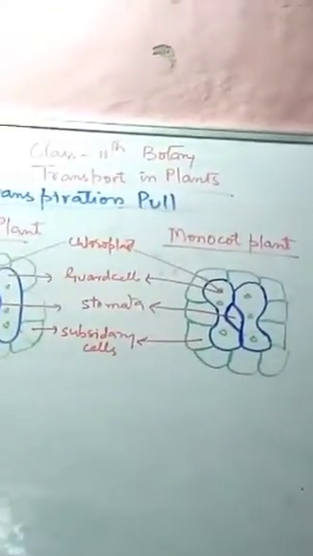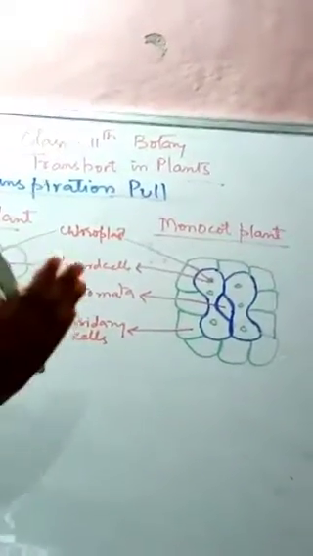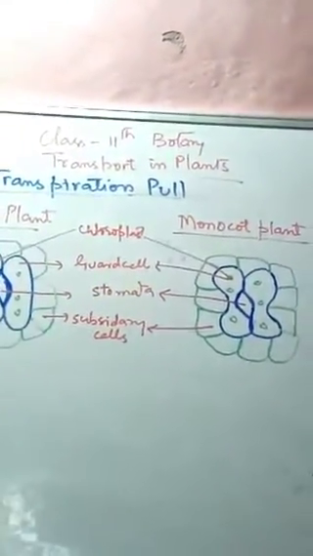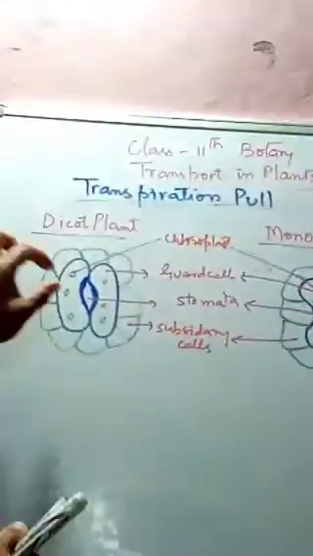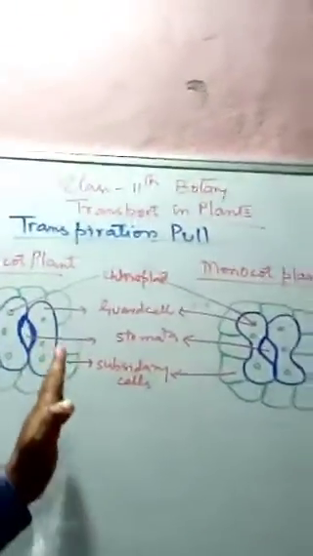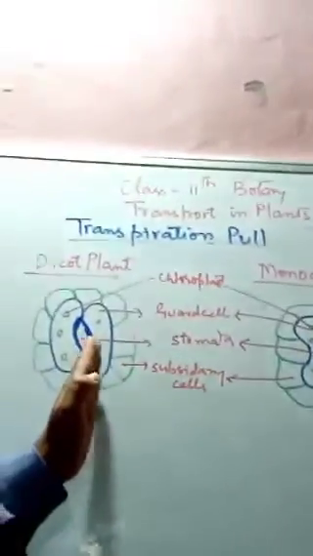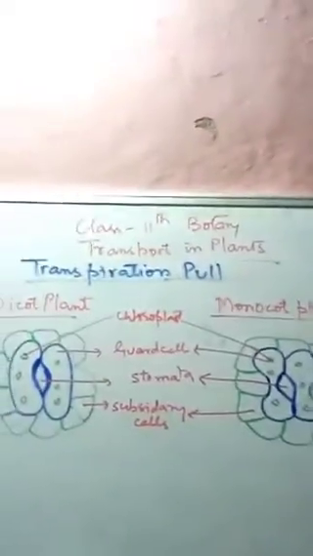Now, we know how the stomata open and how the stomata close. When these guard cells are turgid, their opening mainly depends upon endosmosis, how the water moves in and how these guard cells become turgid. So what happens there?